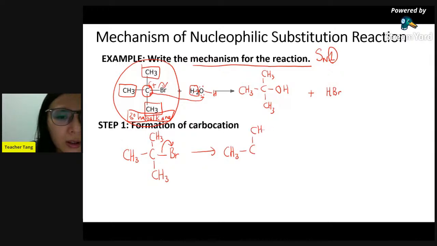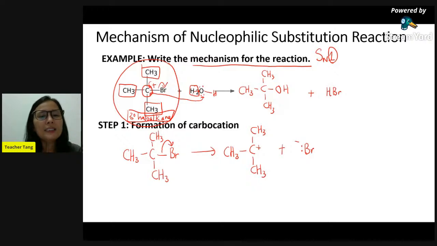look at this carbon. This carbon only has 3 covalent bonds. Remember, carbon has 4 valence electrons, minus 3, so plus 1. And then Br will leave as Br minus. So this step number 1 is the rate determining step.